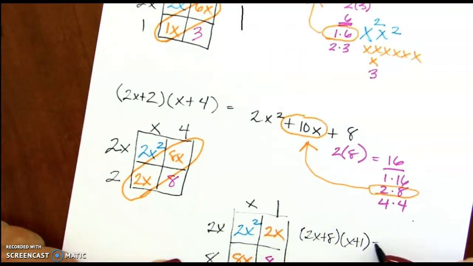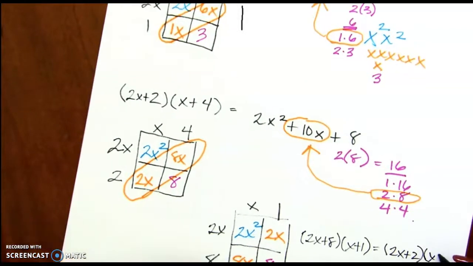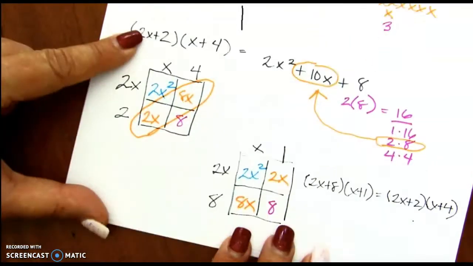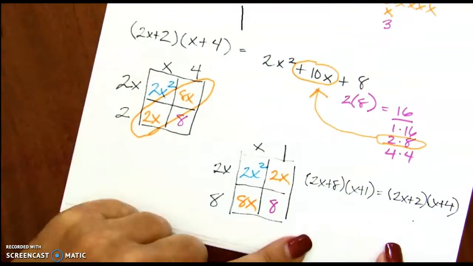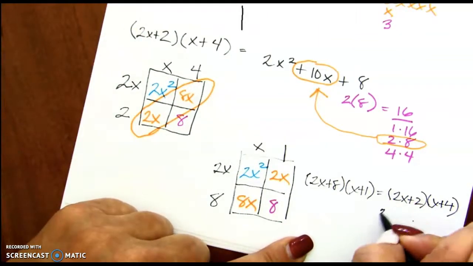Is that statement equivalent to 2x plus 2 and x plus 4, like we got before up here? Well, I see that 2x and 2 have a common factor of 2.